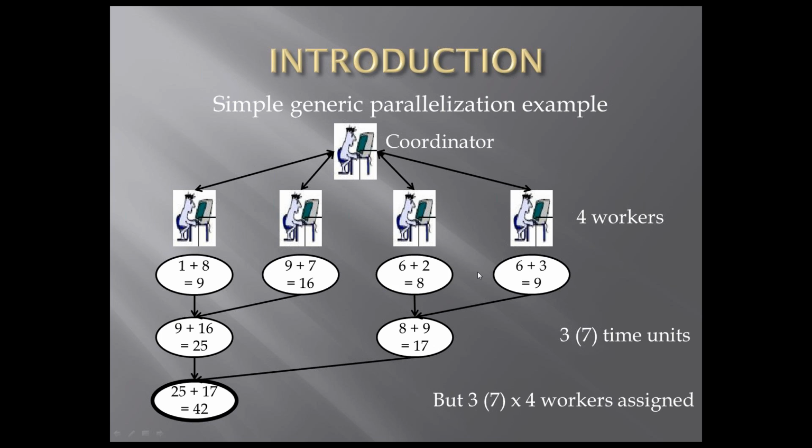Another interesting point that we can derive from this simple example is that although I have employed 4 workers, and if you remember for the serial execution I assumed 7 time units, even if we assume that the coordination and communication part happens in 0 time, the best runtime that we can come up with is basically 3 time units.